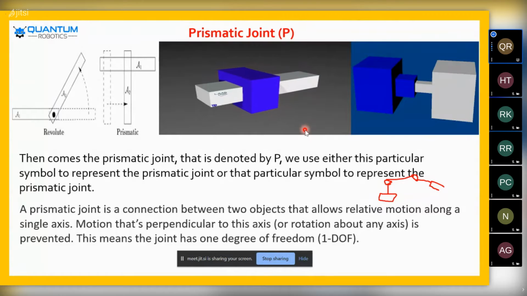This is so useful and more beneficial for people who use robots in industrial or home-based purposes or something else. This is all about the prismatic joint. It is represented by P. The revolute joint is represented by R, and the prismatic joint is represented by P. You can note it down, guys.